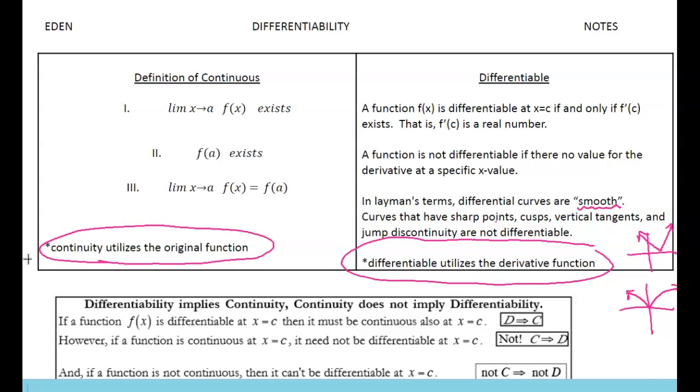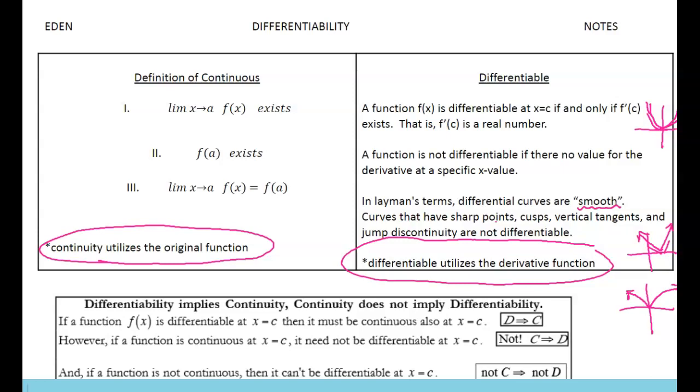So the graphs are continuous because the original function is defined, but the slope values on the left and the right have a dramatic jump. These are all negative, these are all positive, and they didn't go smoothly, like on a parabola. Let's look at a parabola. If I draw my tangent lines, they gradually change from negative to positive. That's why I say smooth, okay?